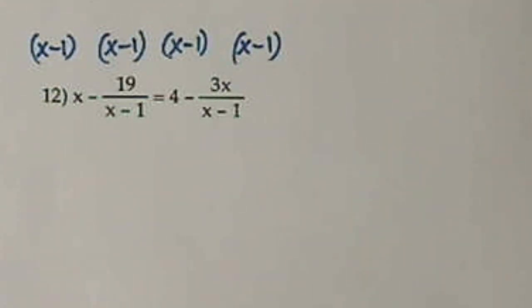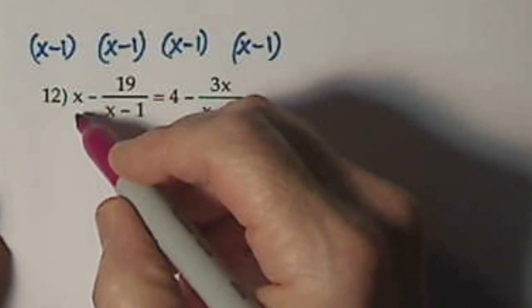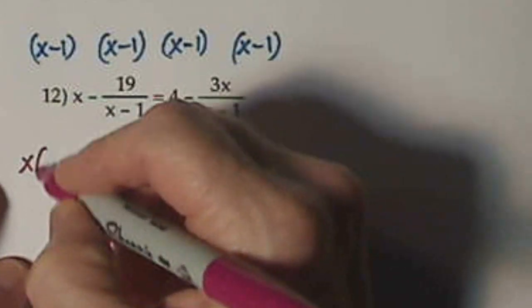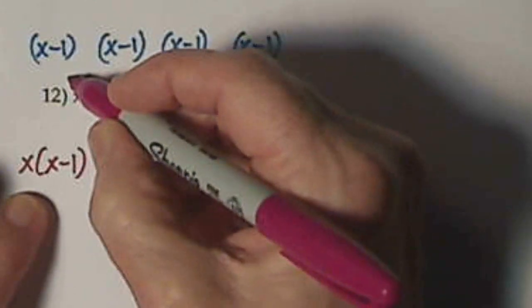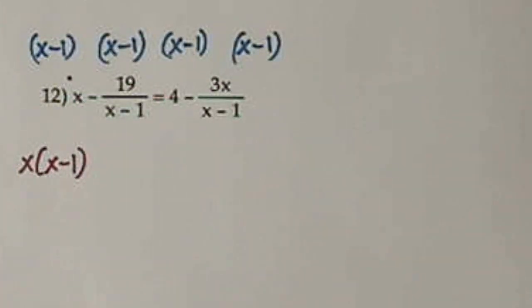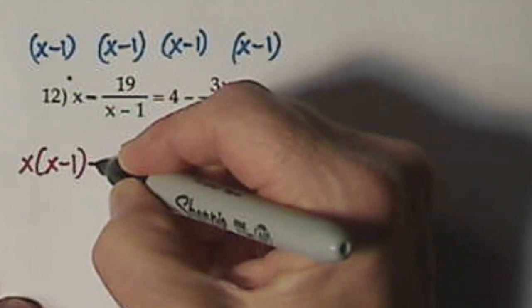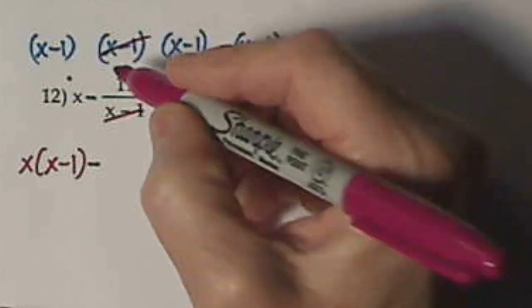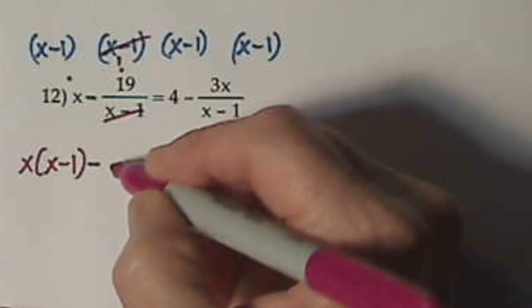And now we go back and cancel whatever we can. For the very first one, x, there is no denominator, so I can't cancel. So I just end up with x times x minus 1. That just comes down, and this has to multiply. Then we bring down our minus sign right here. Then x minus 1 cancels x minus 1, so you just have 1 times your 19, or negative 19.